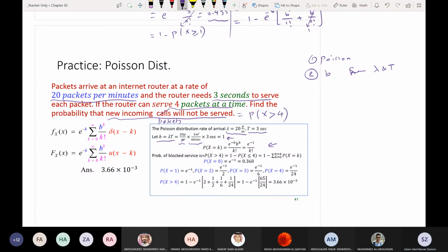This is equal to 1 minus the probability that X is less than or equal to 4, which is 1 minus the summation from K equals 0 to 4 of the probability that X equals K, which is e to the minus 1 multiplied by 1 to the power K divided by K factorial.